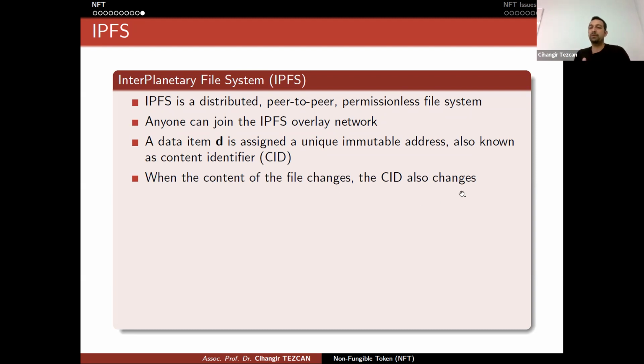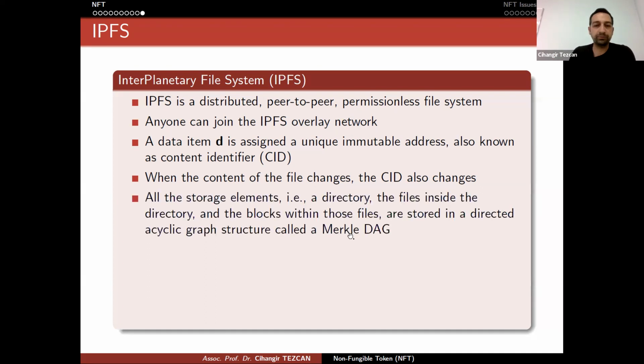So this is why people prefer to use this in the NFT, because once the link of an IPFS file is put on the blockchain, that content cannot be changed, because once you change the content, the CID also changes, so the link also changes. So your image cannot be changed later if it is on IPFS, but of course it may be lost still.